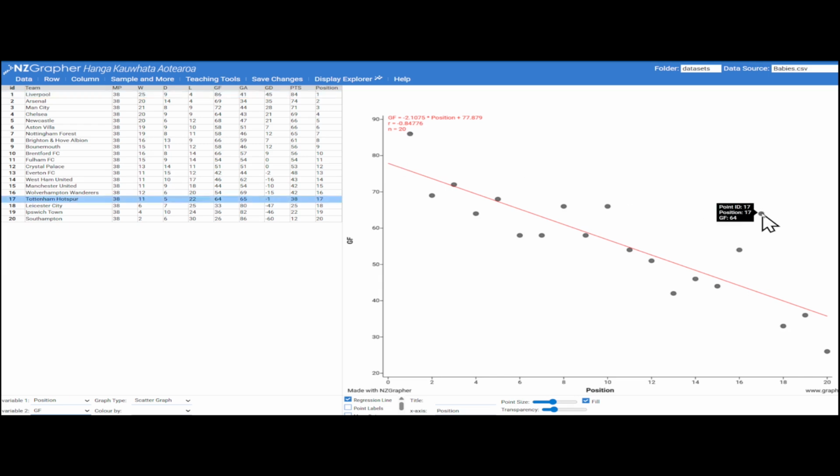So this team here scored a lot of goals, but they didn't get many wins. Tottenham had a terrible season. So they scored quite a few goals, but they must have also conceded quite a lot of goals, and we can see there that their goal difference is -1. So they scored 64 goals, but they also let 65 goals in.